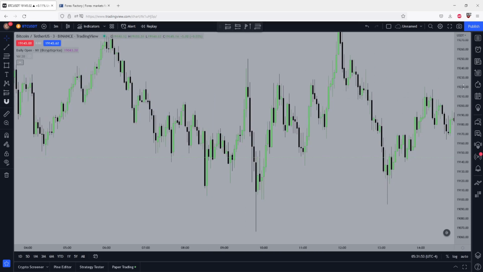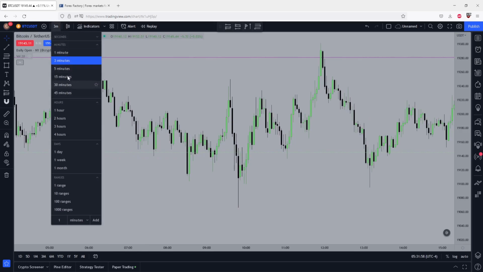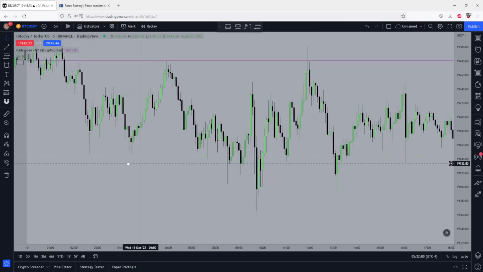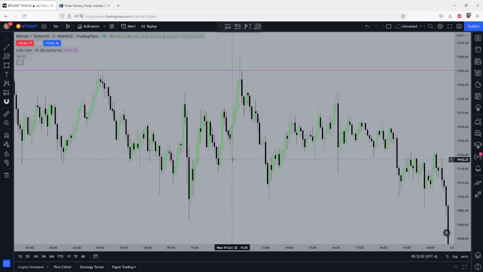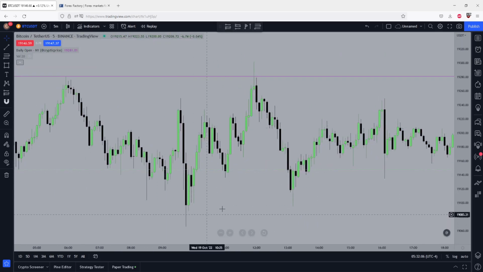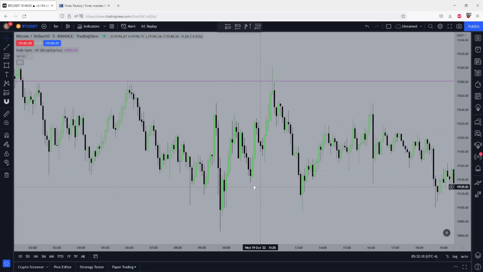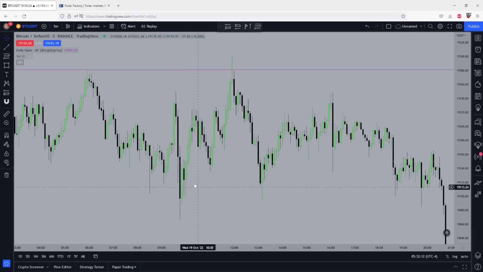Okay, so these were the early morning setups, and now we go to 11 a.m. where we saw another setup form. So after 9:30, after we took out this low, price started to reprice higher a bit, and we can see price moved up right here.